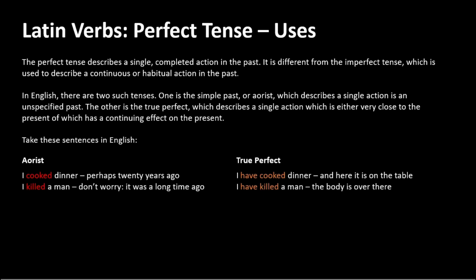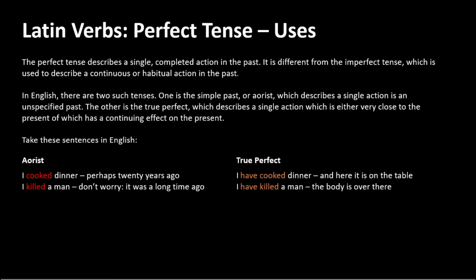Or take this one in the aorist column. I killed a man. I killed a man maybe a long time ago, maybe 30 years ago. It's not a nice confession to make, but you may not need to worry because it was perhaps a very long time ago. If, on the other hand, we look in the true perfect column and I say, I have killed a man, then you will look around for the body. The body may be over there.